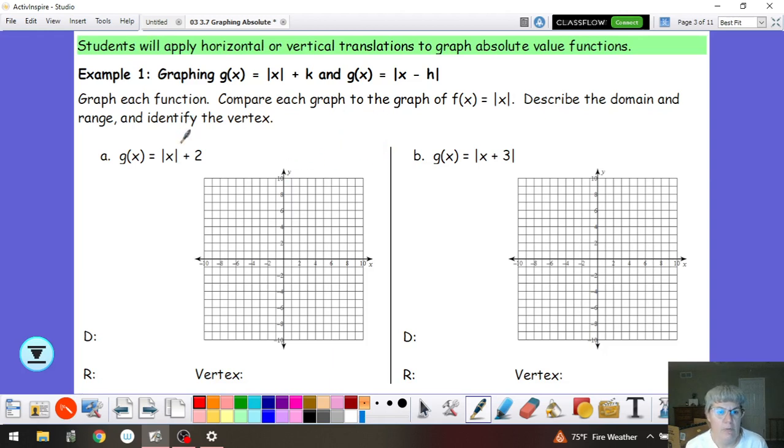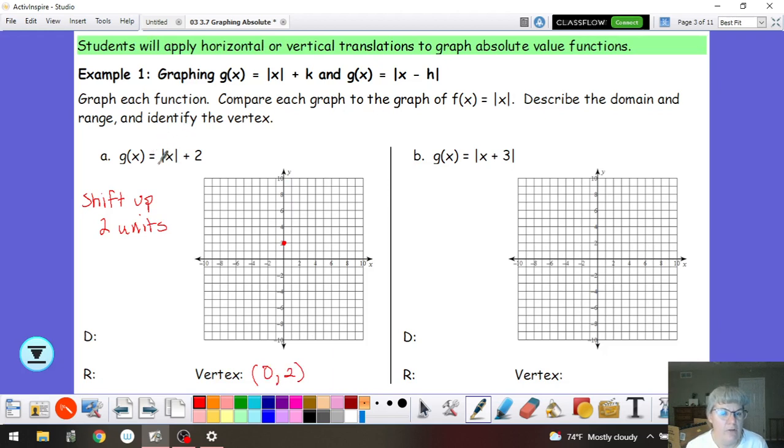Here we have the absolute value of x plus 2. This plus 2 tells me that it's going to shift up 2 units. So instead of having a vertex at 0, 0, our vertex is going to move up 2 units. So the location is 0, 2.